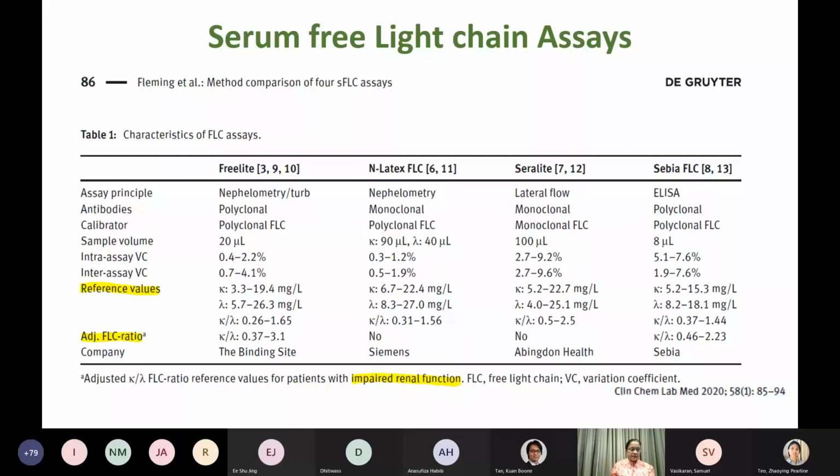It has, on the other hand, also been suggested that assays using monoclonal reagents may perform better, especially in terms of assay reproducibility, which is important for patient monitoring. Because of these differences, we need to use specific reference intervals and cutoffs, and we can't use a reference interval from one assay for a result from another assay.